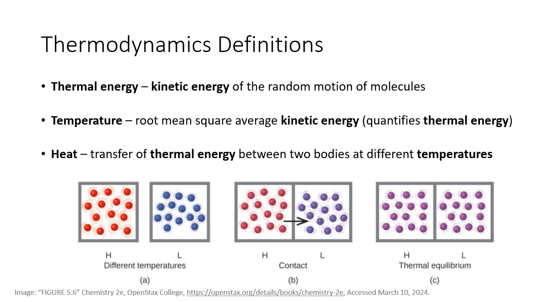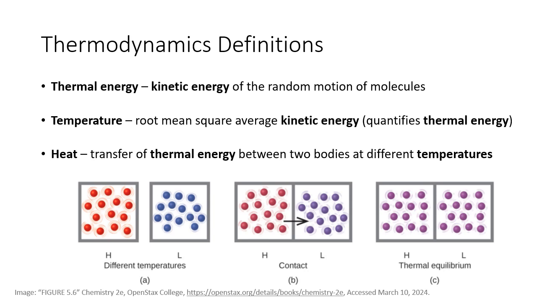If you've got gas, it's a free agent. It's going wherever it wants. Okay, temperature is the root mean square average of kinetic energy. Don't worry so much about root mean square average, and remember that it is proportional to kinetic energy. This is a quantification of thermal energy.